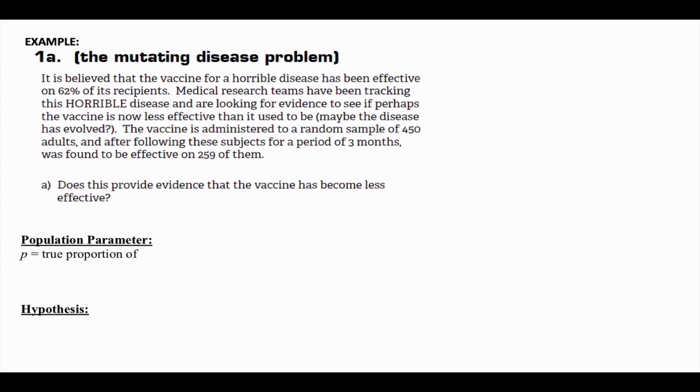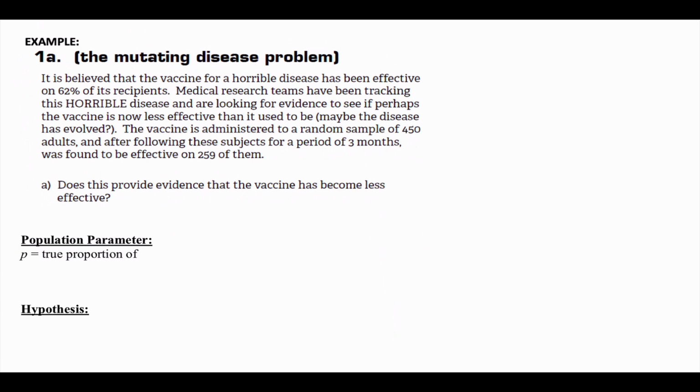Okay. So now what they want to see is, has that disease evolved? That's what happens every year with the flu vaccine. It's been decades since the flu vaccine's been available. What happens is every winter, every cold and flu season, the flu changes a little bit.